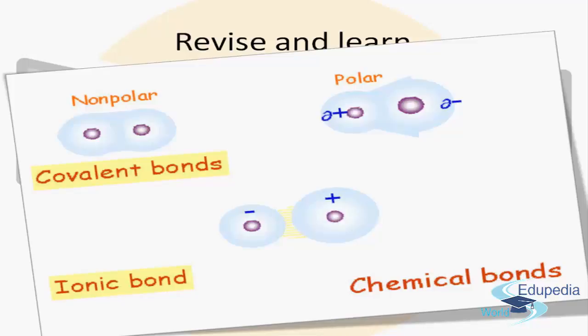In fact, polar bonds are intermediate in nature between ionic bonds and pure covalent bonds.